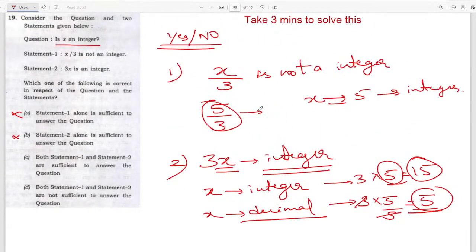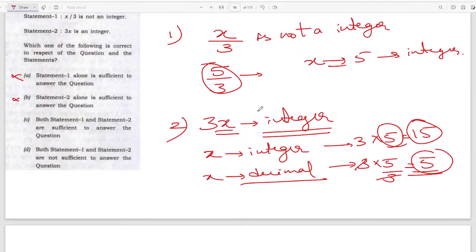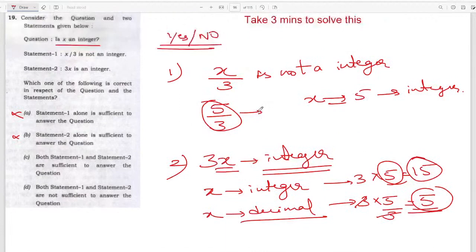What if I combine this? X by 3 is not an integer and 3x is an integer.